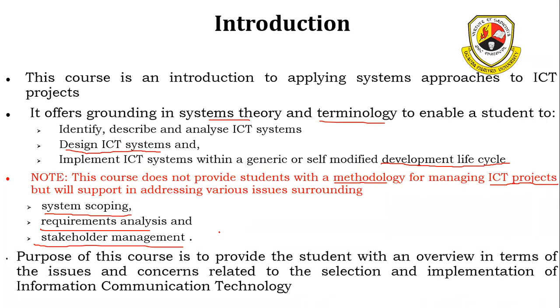This particular course unit is essentially there to give us an overview of issues and concerns related to the selection and implementation of ICT. It's going to look at those things that surround them that will help you come up with appropriate design and selection.